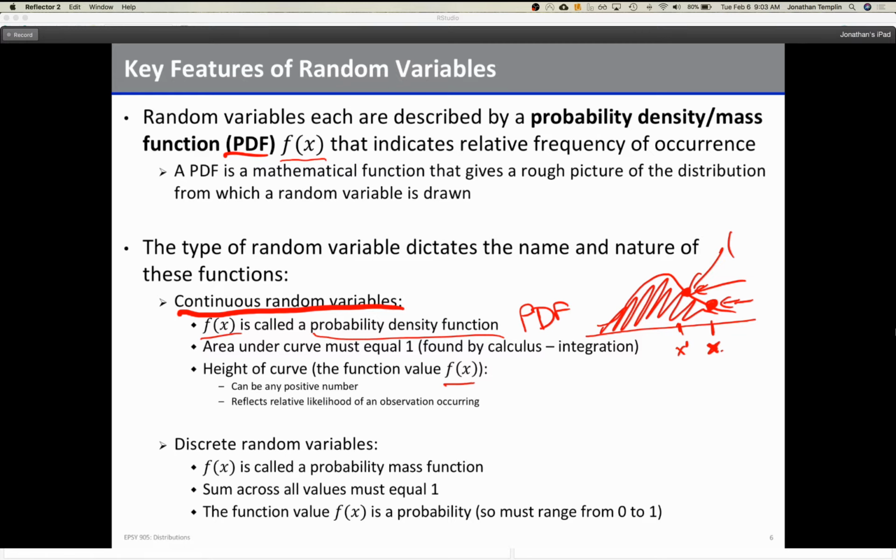Now, in discrete random variables, f of x is often called a probability mass function. So you can think about this. If, for instance, let's say we have two types of people. We have people who've graduated from high school, so we'll call this H, high school graduates. And we may have non-graduates over here. What this probability mass function looks like is the probability a person happens to be a high school graduate versus not.